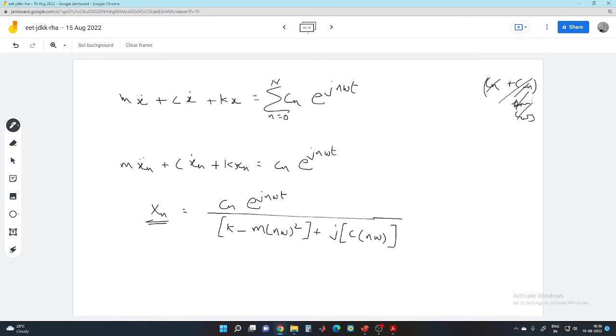And we have this whole series, right? So x is basically the summation of Xn e raised to power j n omega t, where n is from 0 to capital N. This capital N can approach infinity, but we only take finite values depending on how much the contribution of the forcing is in those particular modes.